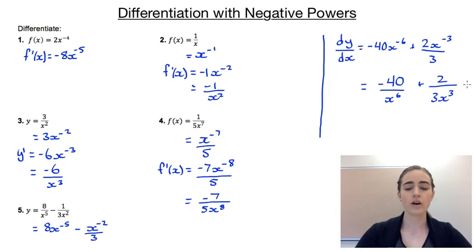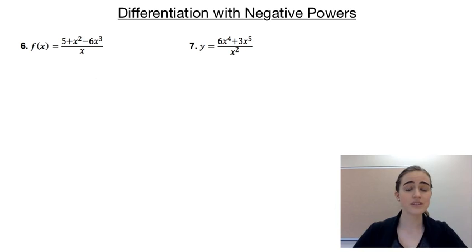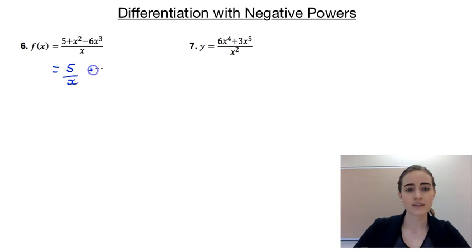I just want to have a look at one more thing. Our last 2 examples look a little bit different. In these ones, we've got multiple terms in the numerator all over that same denominator. So we're going to break this up into its separate fractions. We can write this first one as 5 over x plus x squared over x minus 6x cubed over x.